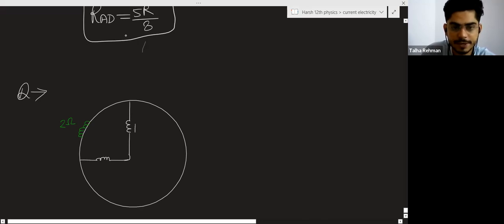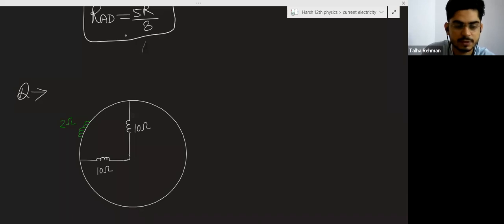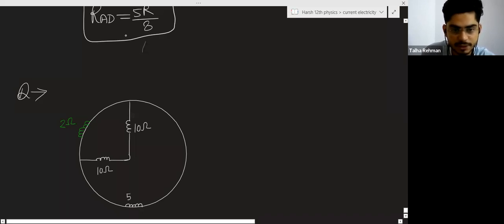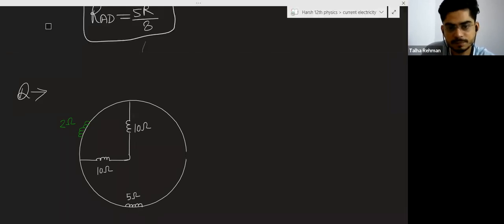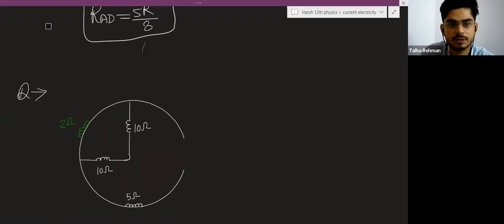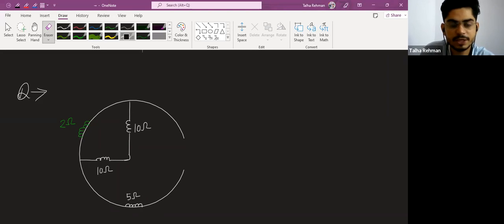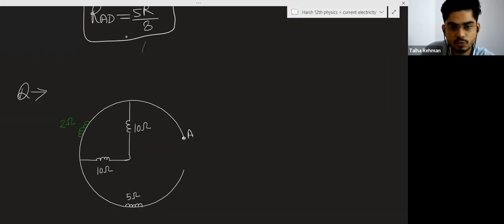This is a 10 ohm resistance, and this is also a 10 ohm resistance. And here also a 5 ohm resistance is connected like this. And we have 2 points here. We have to calculate the equivalent resistance between these 2 points, A and B.